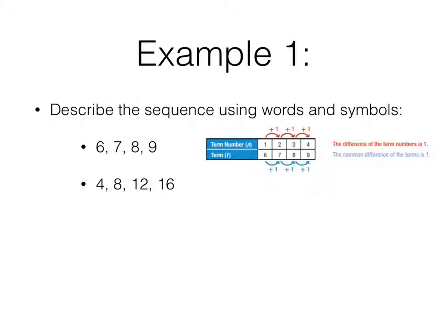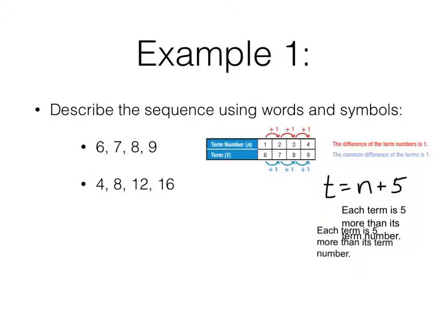So we can describe this sequence by saying the term is equal to the term number plus 5. So each term is 5 more than its term number. So there we have it. We've described the sequence in words, and we've described it with variables and symbols.